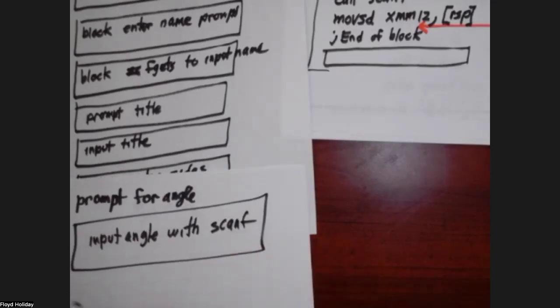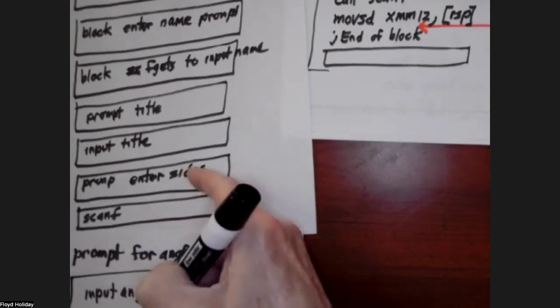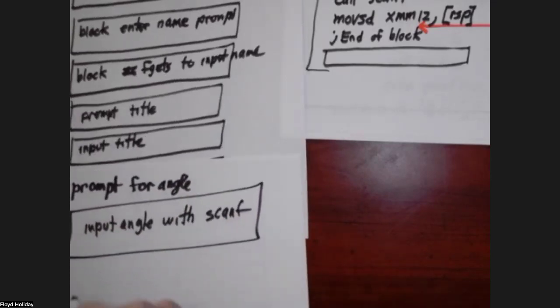Let's assume we got all the sides and we got the angle, and then there's a block of math statements, the hard part, if you will.